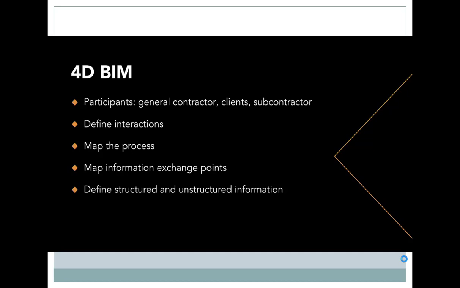What are their interactions? Map the process. The various points of information exchange, from whom to whom. How and what information, structured and unstructured, will be used within the BIM model. Go back and forth from each point until the goal is reached.